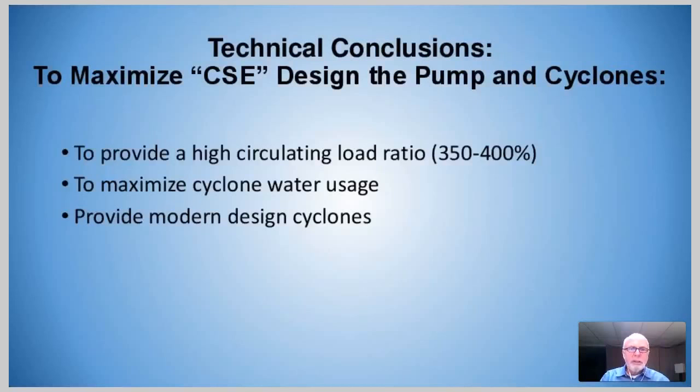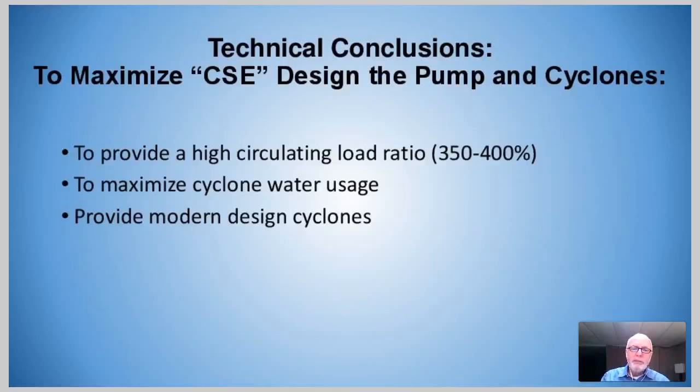So to summarize, in order to maximize the CSE in our grinding circuit, to make maximum use of the available power, we want to design the setup of the pumps and cyclones, first of all, to provide a high circulating load ratio. And what we mean by high is normally in the range of 350 to 400%. Secondly, we want to maximize cyclone water usage.